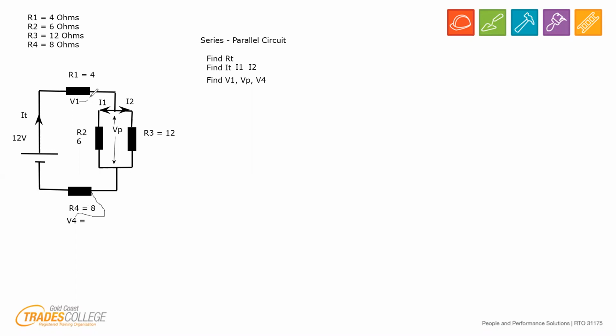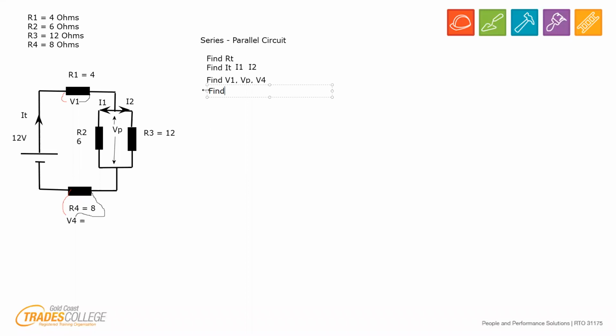This is how we would measure V1. VP, I've drawn the arrows. Let's get the red out. That's how I would measure that, and that's how I'd measure that. All right, so if I was to use a voltmeter at these points, then these are the three voltages I need to find.